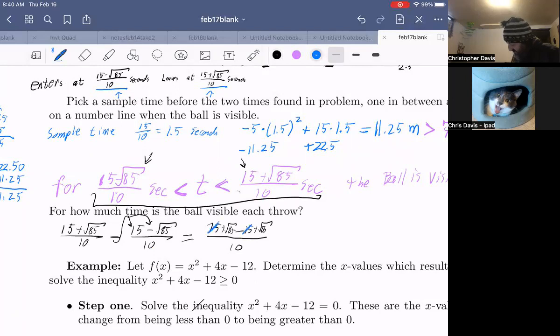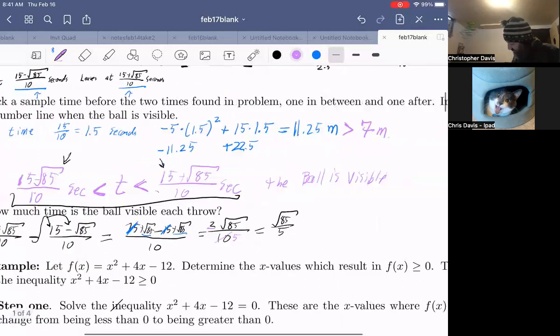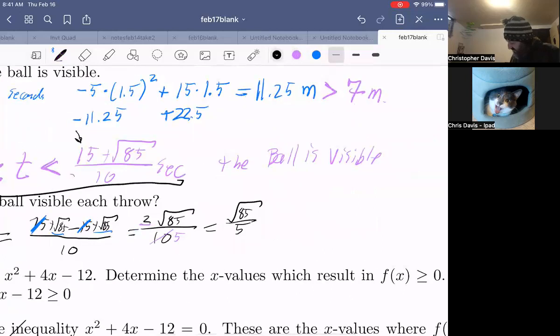15s cancel. 85 stack, so 2 times root 85 over 10 equals root 85 times 2 over 10. 10 is even, so that's root 85 over 5. This 2 cancels that 10 down to a 5. And I guess now that we have this number, I know some things. Root 85, I already said, is a little bit bigger than 9. So this whole thing will be a little bit bigger than 9/5.